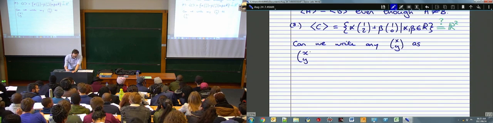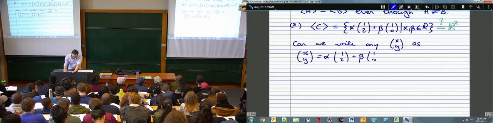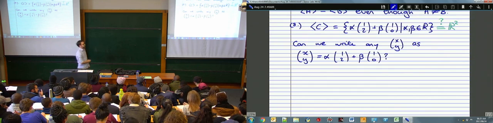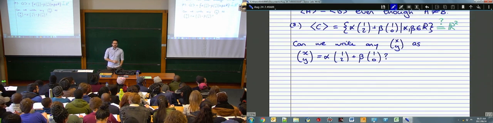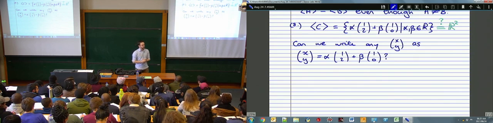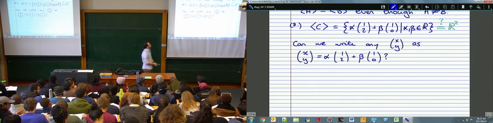We want to write down xy is equal to alpha times 1, 2 plus beta times 1, 0. And if we think about this, this is really a system of equations that we're trying to solve. We're trying to find values for alpha and beta that will make this true.